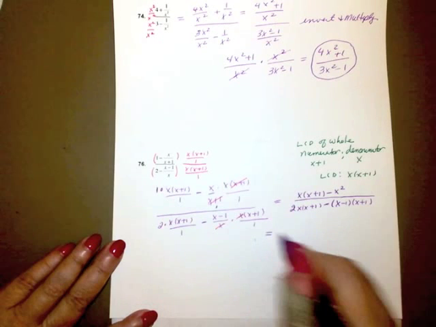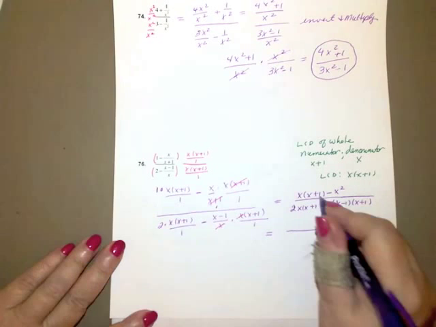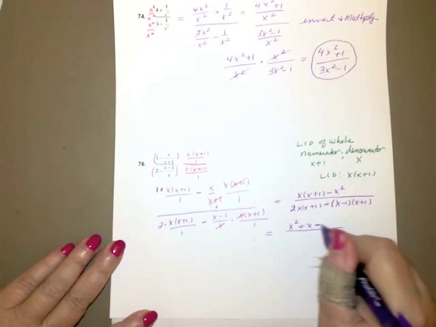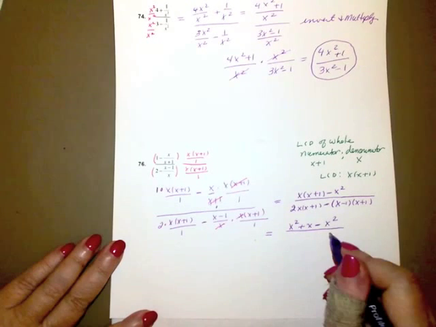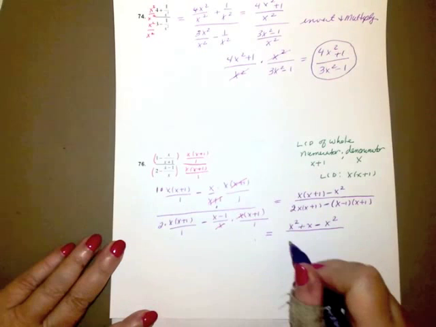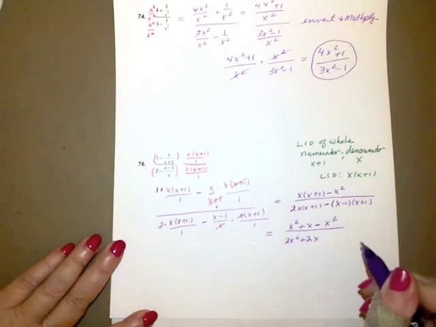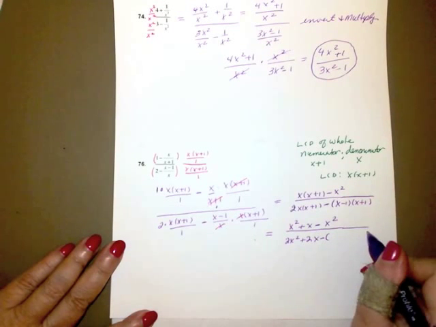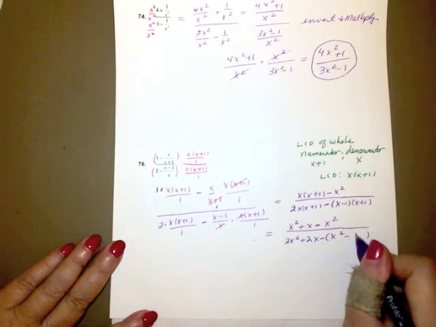Now all I have to do is to simplify. X times x is x squared plus x minus x squared in the numerator, and in the denominator I have 2x squared plus 2x minus the product of x minus 1 times x plus 1, which is just x squared minus 1.